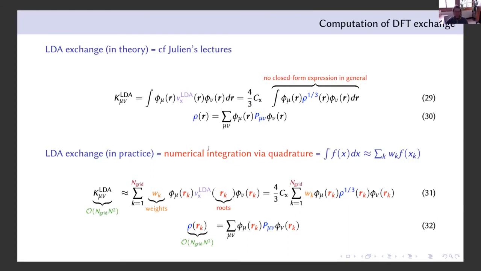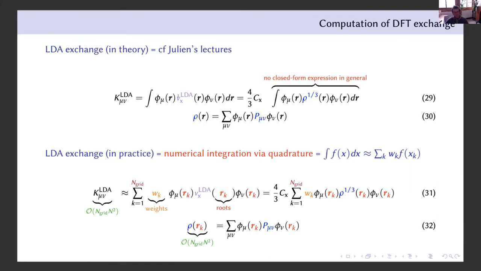So if you take the simplest approximation, I take the LDA exchange, okay, which is just given by the Slater-Dirac functional, which is just Cx, that coefficient, times rho to the power 4/3, okay? So if you look at the expression of the elements of the exchange matrix, you see that it's just a one-electron integral this time, okay, because it's DFT and it's local.